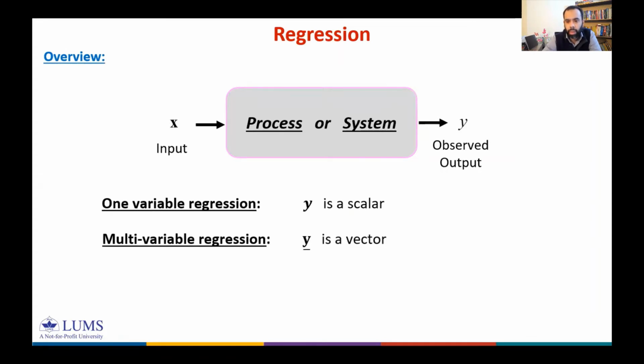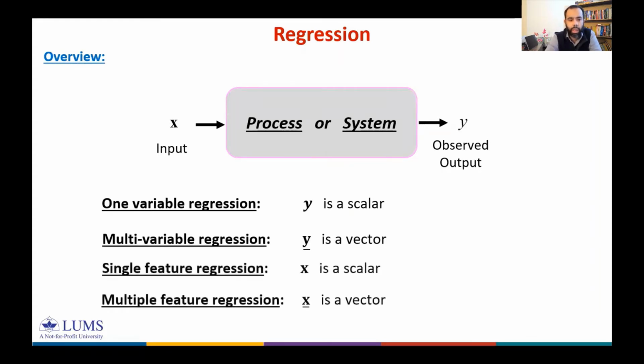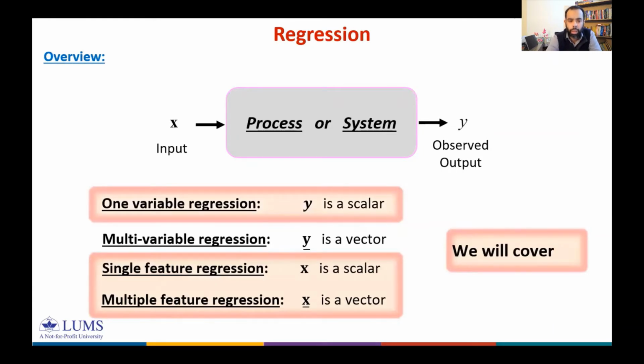If input is a scalar, we call it single feature regression. And similarly, if X is a vector, we call it multiple feature regression. So in these couple of videos, we will focus on one variable regression. We will assume that the observed output is always a scalar, but our input can be a scalar or a vector.